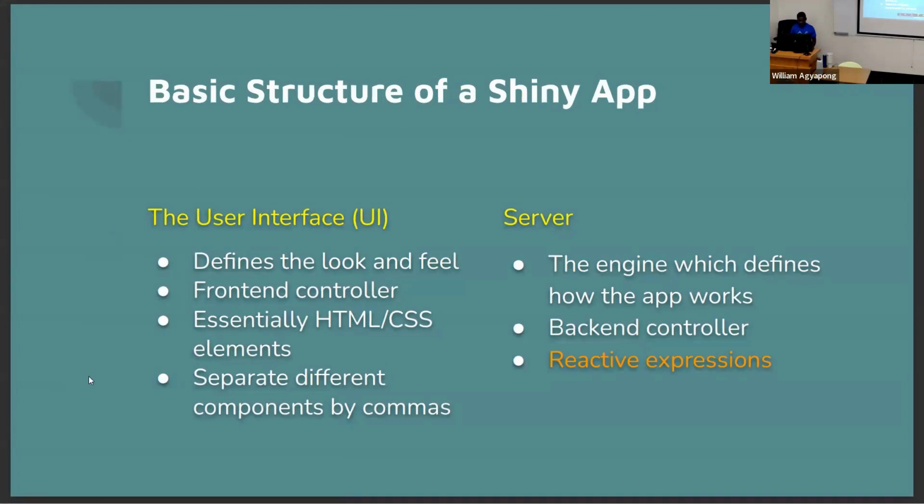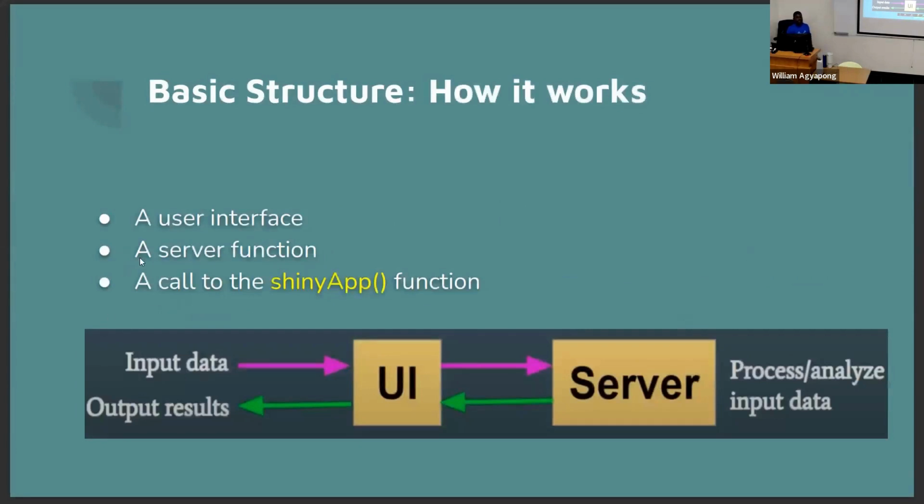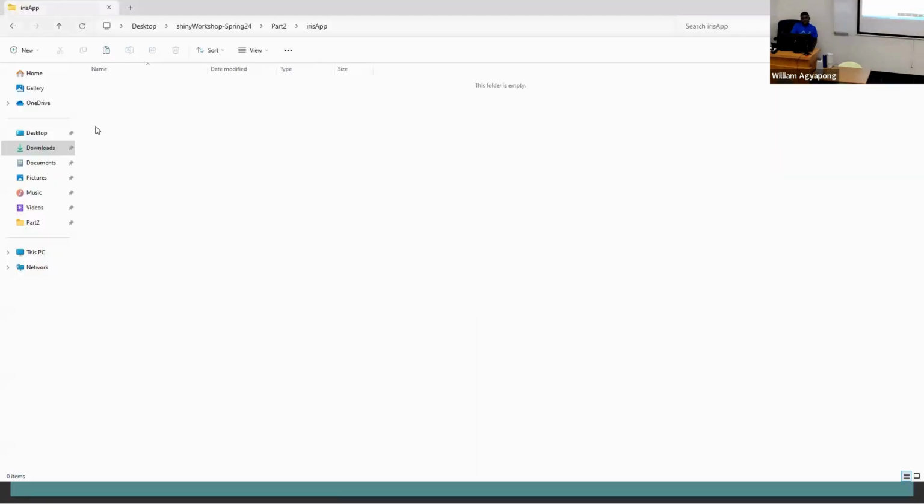You should be able to define this structure. So we need the user interface, a server, and then a call to this function. So you create your folder, and the minimal thing it can contain is an R script that helps you define that structure. All right, so we are already here. We created this folder.